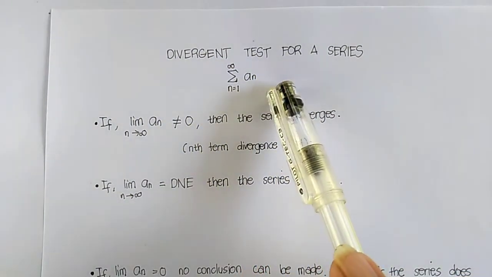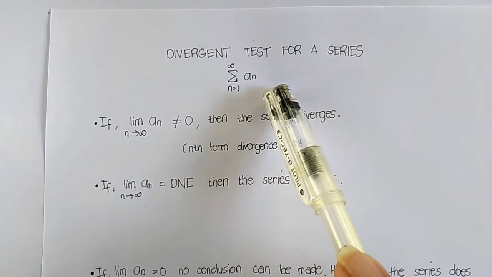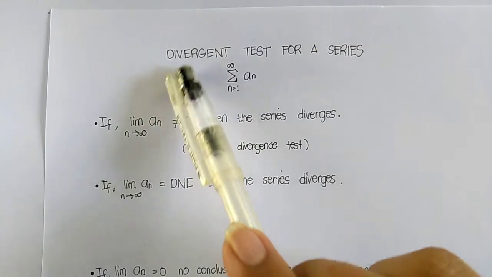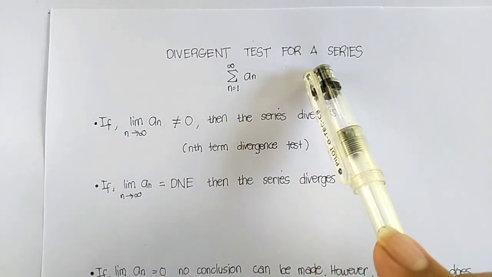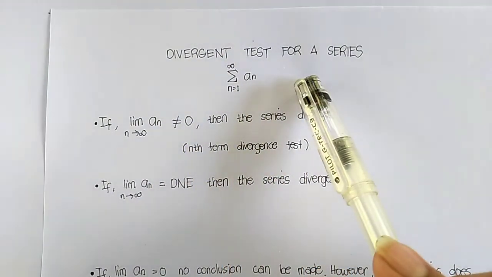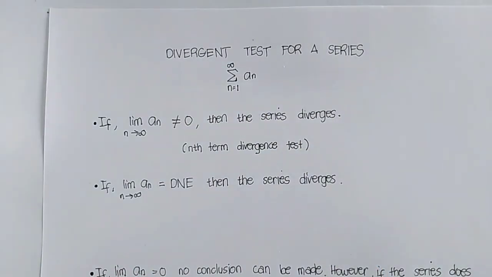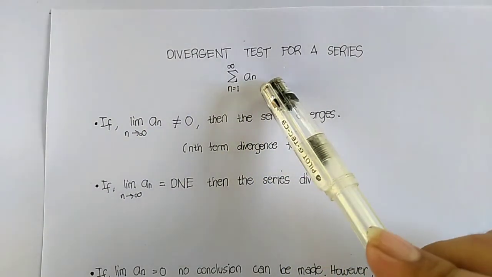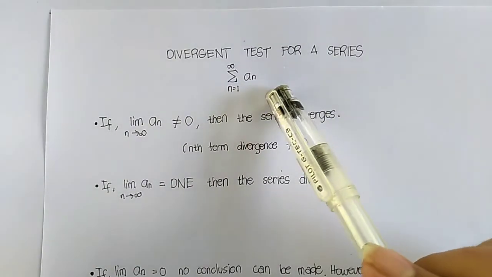So it tells us that if the terms don't approach 0 as n goes from 1 to infinity, then it guarantees that the series will diverge. Hopefully it makes sense to you because there's no way an infinite series can converge if we're adding numbers that don't approach 0.